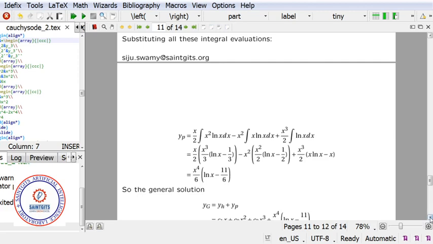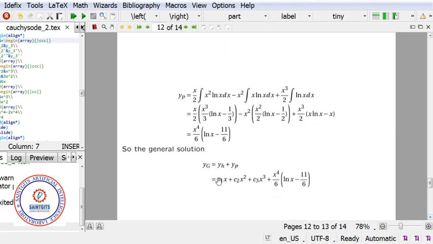So we have now yp. So general solution yg is equal to homogeneous solution plus particular integral. Homogeneous solution here c1x plus c2x square plus c3x cube plus the particular integral is x raised to 4 by 6 into ln of x minus 11 by 6.